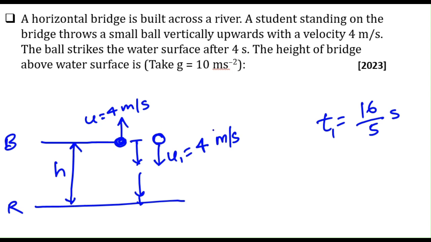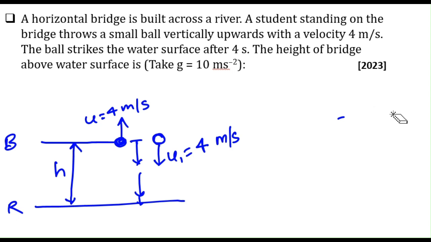Let's say at maximum height, it has velocity 0, and from there it starts descending, and then we have acceleration due to gravity, and we have already calculated t. So from this we can calculate the velocity, 4 meter per second. You can do it by yourself, and if you still have any problem, I'll explain that later. You can mention that in the comments. So this is an easy one.